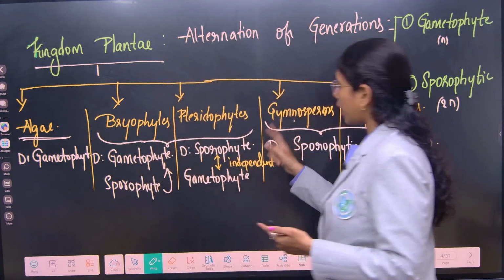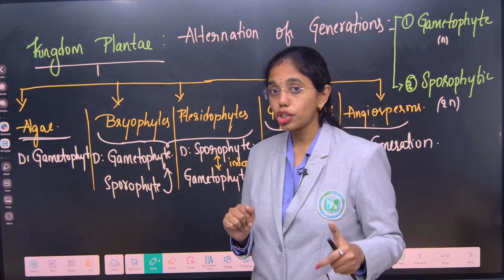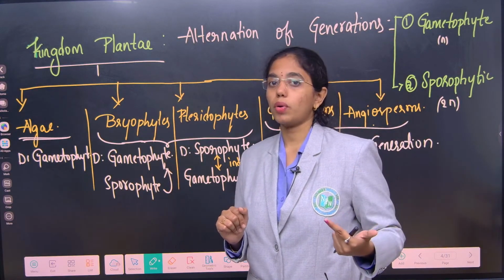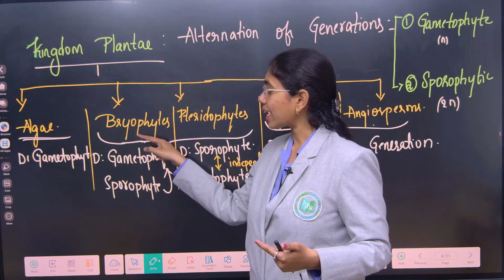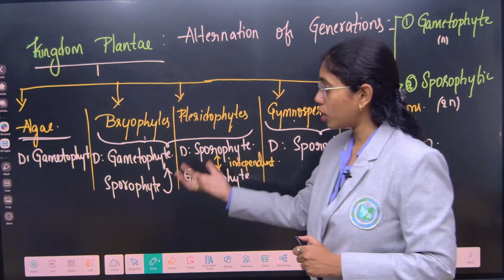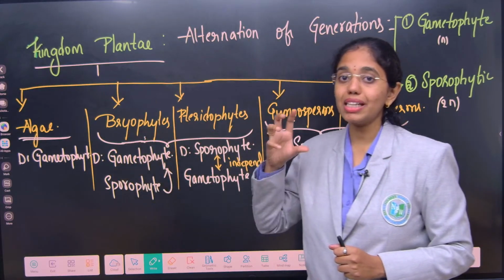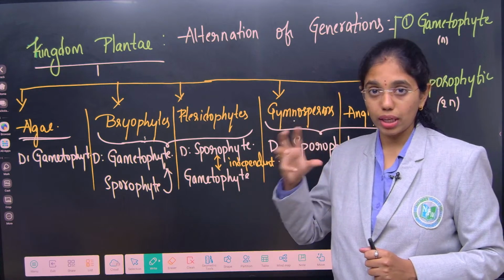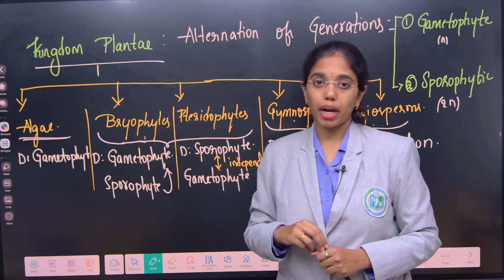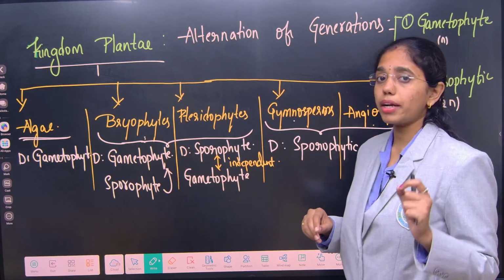Next is Pteridophytes. Pteridophytes are the first terrestrial vascular cryptogams, and the first archegoniates and embryophytes are Bryophytes itself. First embryo is formed only in Bryophytes and the first female sex organ, that is archegonium, is observed in Bryophytes only. And in Pteridophytes, first vascular tissues are observed.